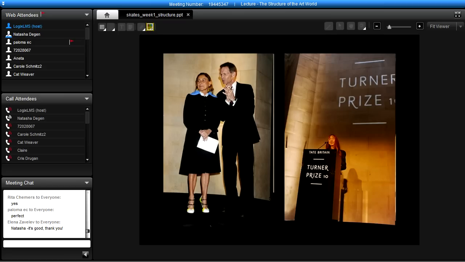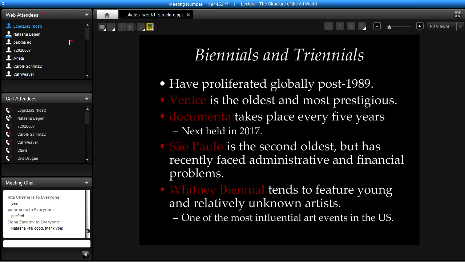Now there are also other forms of validation or legitimization, and these include art prizes. So, for instance, the Turner Prize, which is awarded by Tate Britain, or the Tate more generally, was created in 1984 to celebrate contemporary art and is awarded each year to a British artist under 50, often quite controversially.